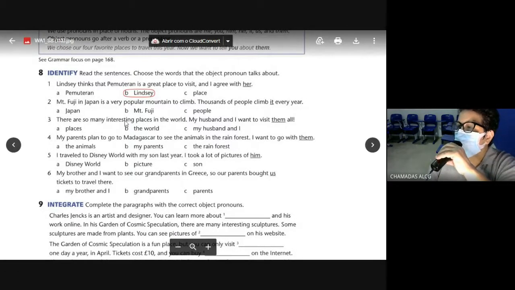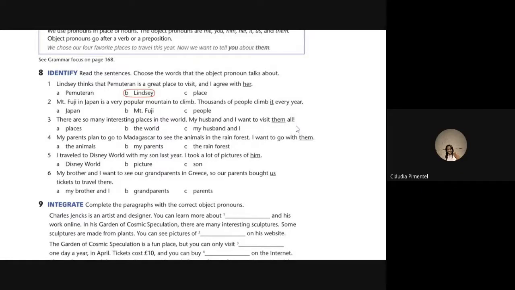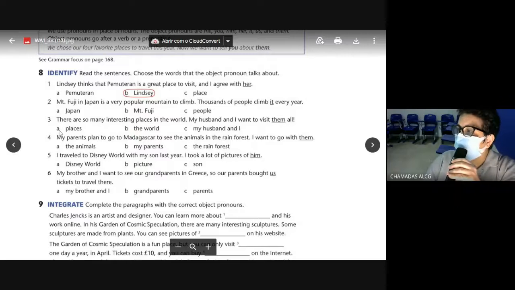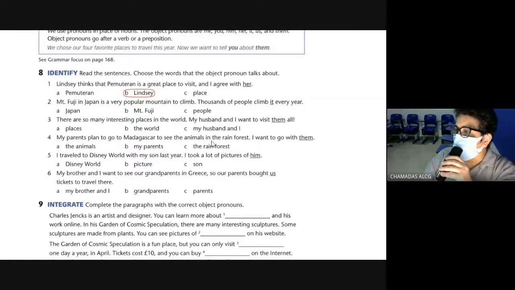Number 3. What do you think? There are so many interesting places in the world. My husband and I want to visit them all. A place. Letter A. Very good. Excellent. Letter A. Number 4. My parents plan to go to Madagascar to see the animals in the rainforest. I want to go with them.